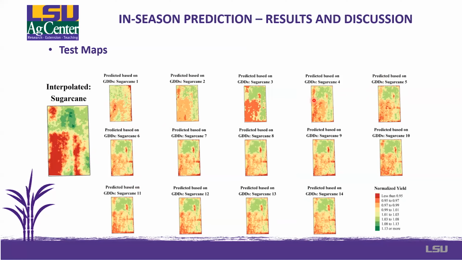So basically, after the fourth scenario, we see maps that are pretty much the same or very close to the actual interpolated map from the machine.